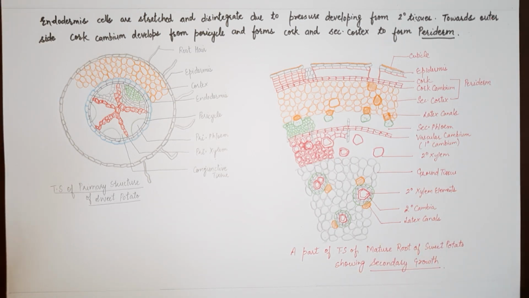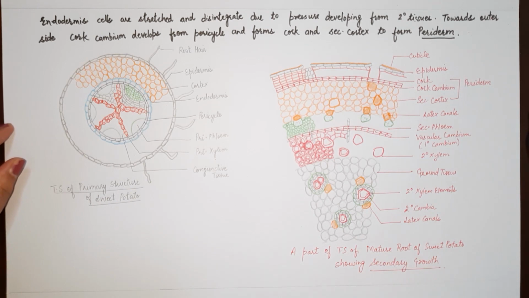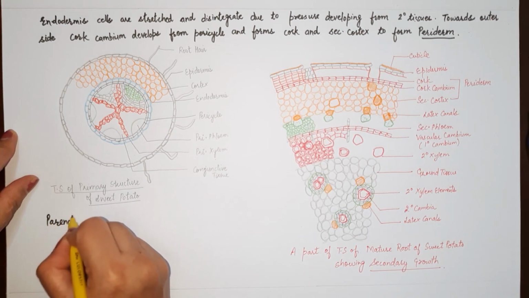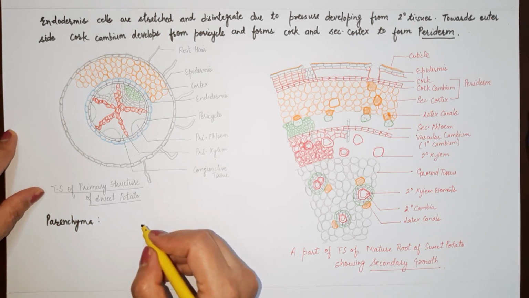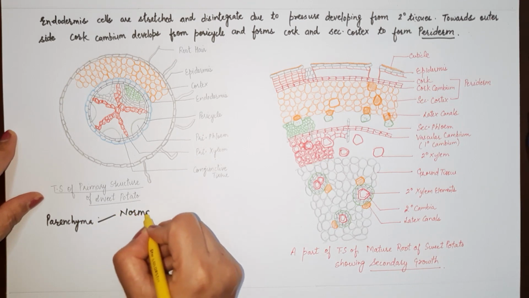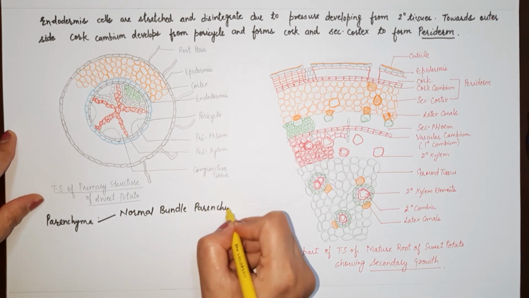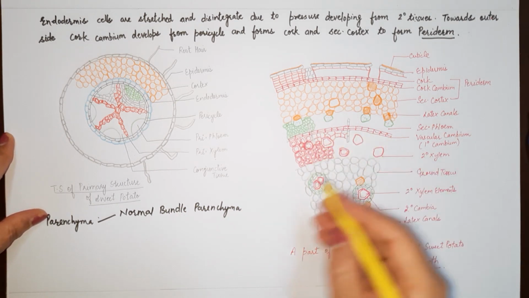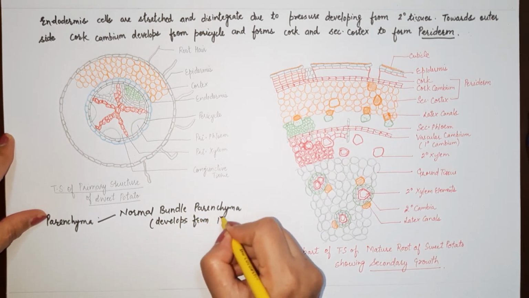So in this case, finally we have observed that it's a storage root, so abundant storage parenchyma develops, and basically there are two types of parenchyma. What are those two types? One, which is the normal bundle parenchyma, means the parenchyma developed along with the secondary xylem and secondary phloem from this vascular cambium. So it develops from primary cambium.